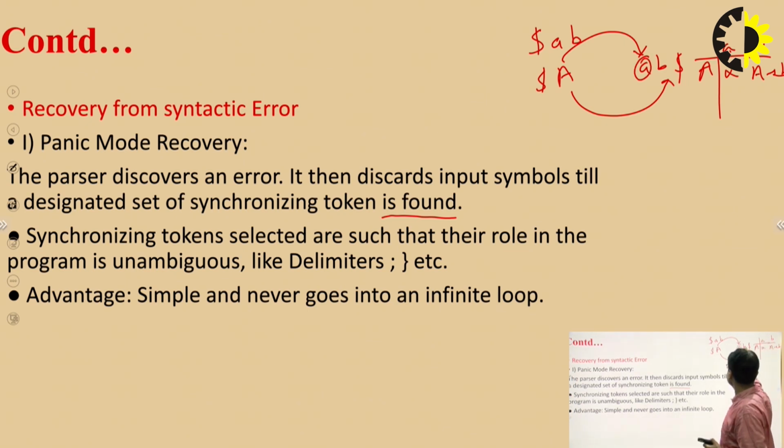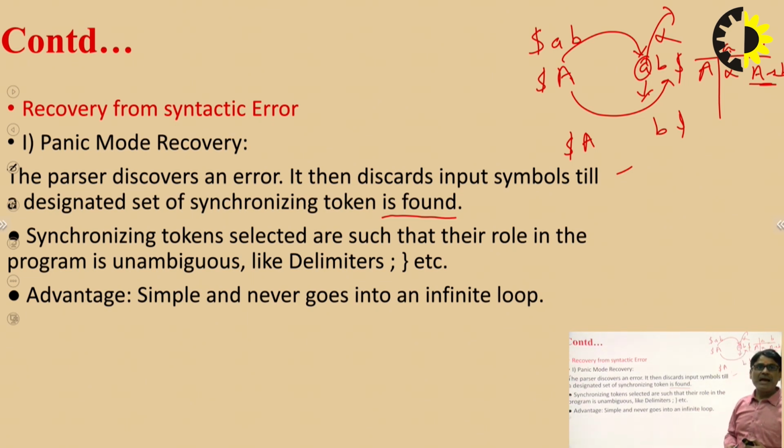We have to skip this and synchronize. Then this particular alphabet is removed from the input. Then we continue, and that process goes on. So it is called panic mode recovery.